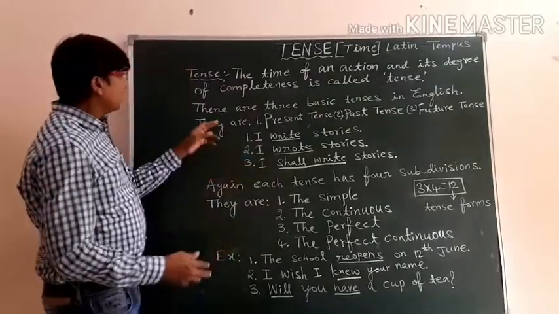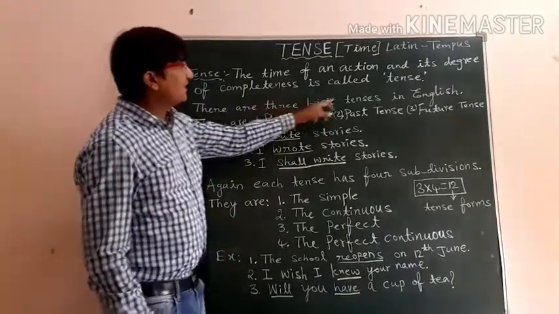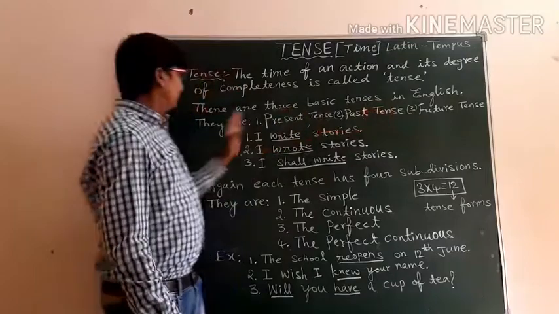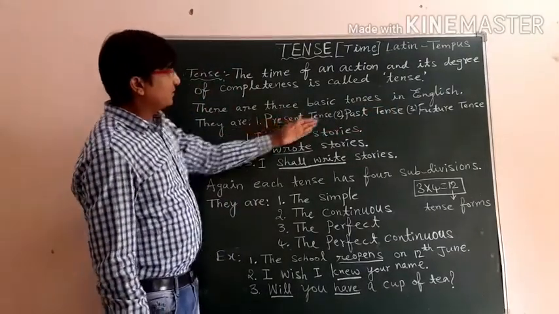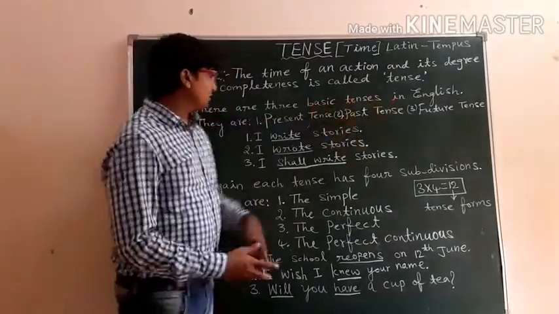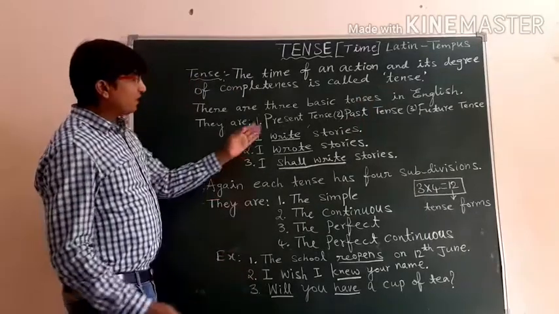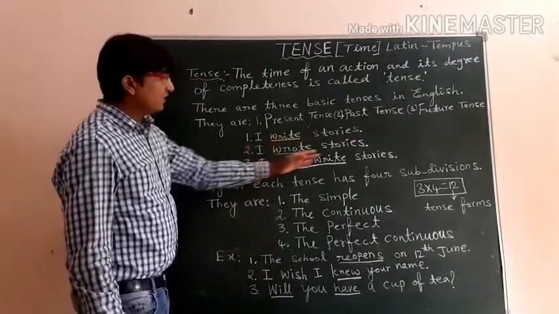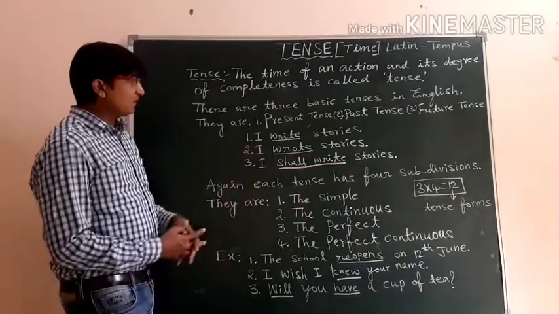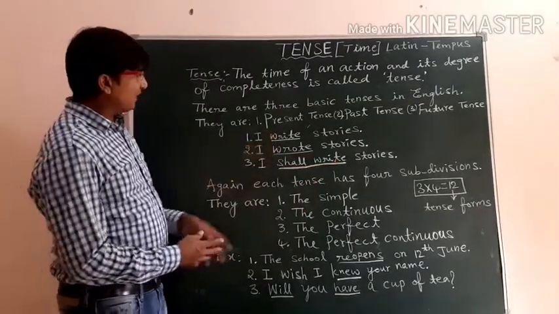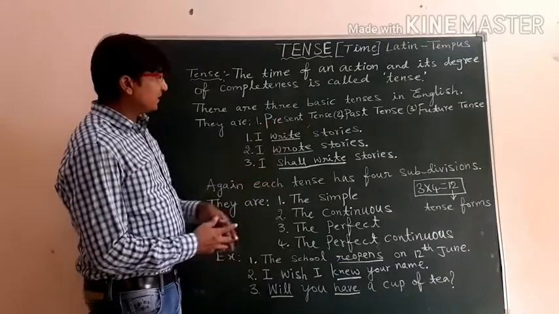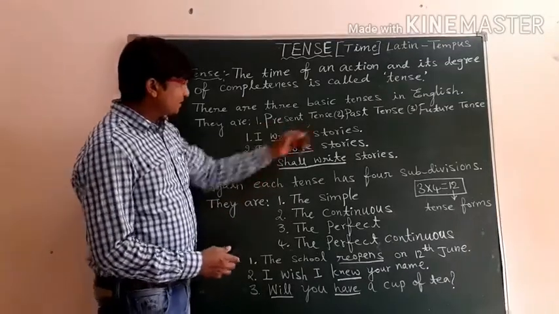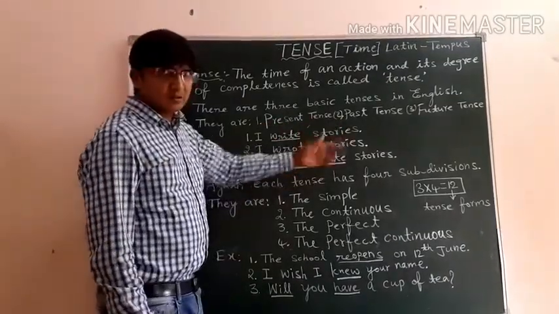So there are three basic tenses in English. They are present tense, past tense, and future tense. I write stories, I wrote stories, I shall write stories. In these three examples, write tells us present tense, wrote past tense, shall write future tense.